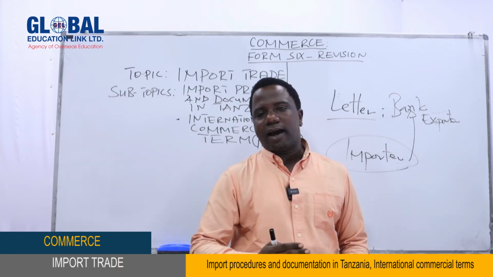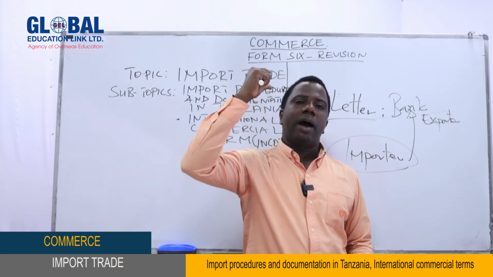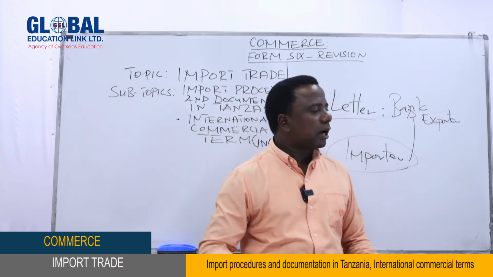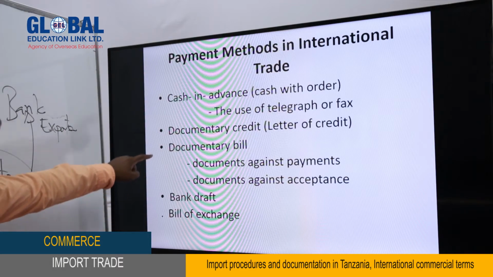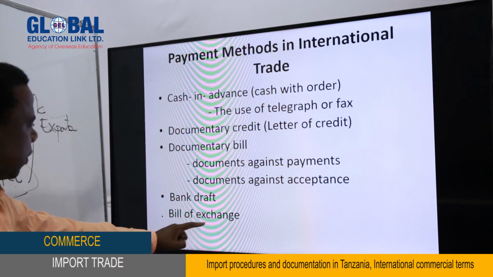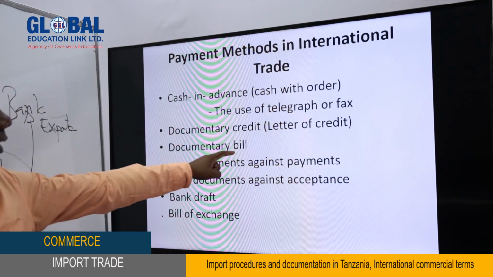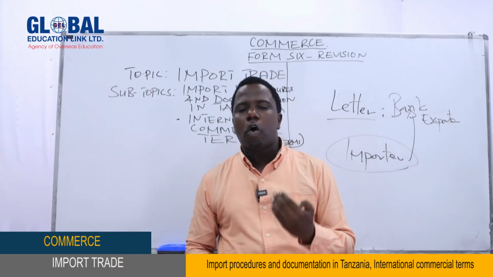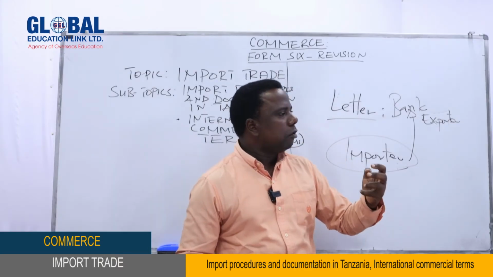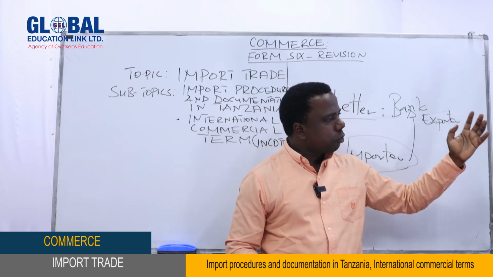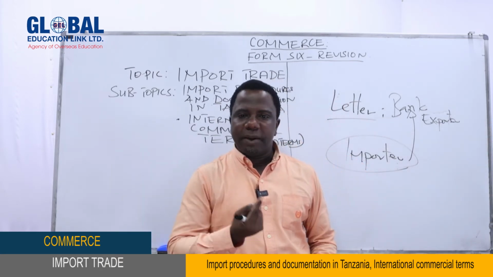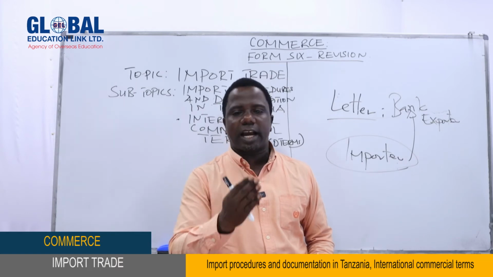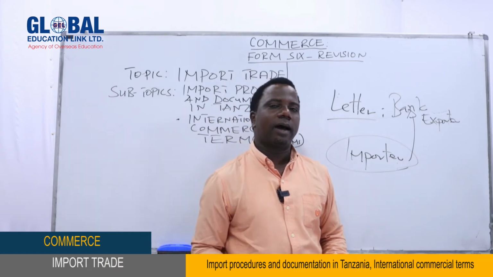So it's just a written order from an exporter to the importer without any document. The main difference between documentary bill and bill of exchange is that documentary bill is attached with some documents such as a bill of lading or document of title, but this bill of exchange is not attached with any other document.